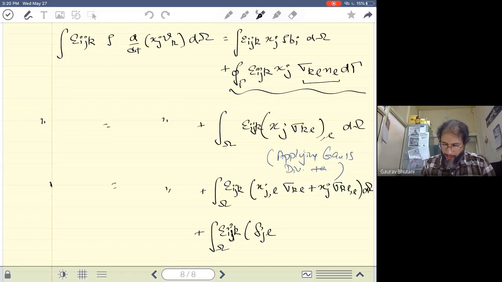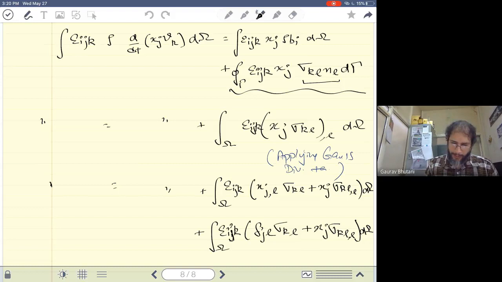Then you have sigma kl, and the second term is xj sigma kl comma L. And in fact, I can apply the substitution property here. So I can remove this delta jl, and this simply becomes sigma kj.